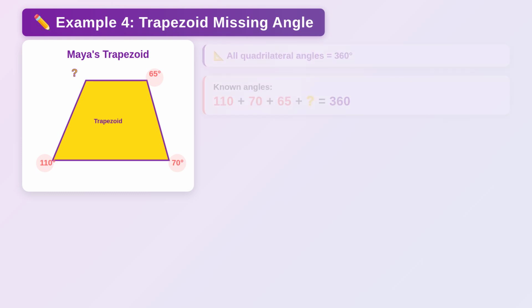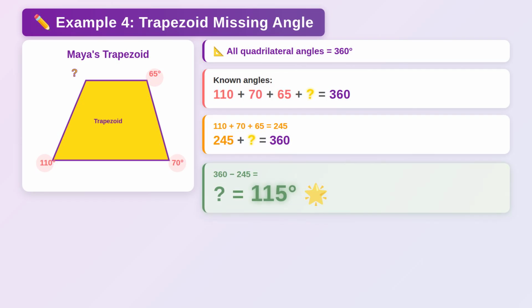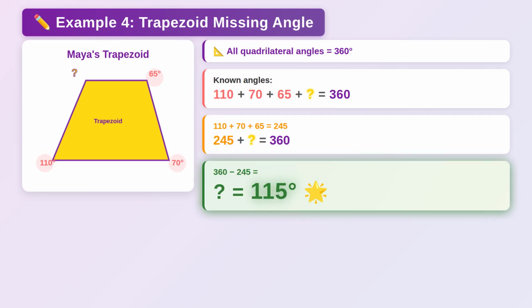Last example. Maya's trapezoid has 3 angles labeled 110 degrees, 70 degrees, and 65 degrees. She needs the 4th. Same strategy. All quadrilateral angles add up to 360 degrees. Add the 3 known angles. 110 plus 70 equals 180, then 180 plus 65 equals 245.